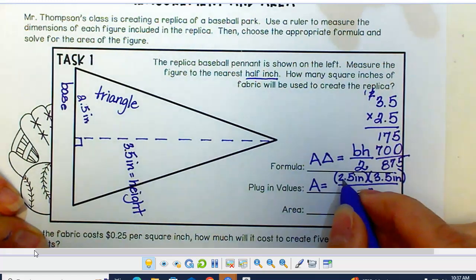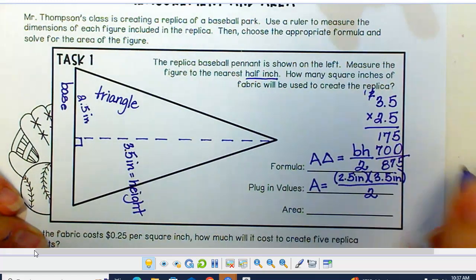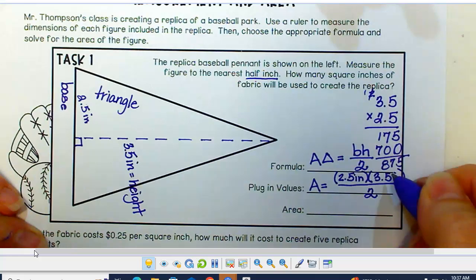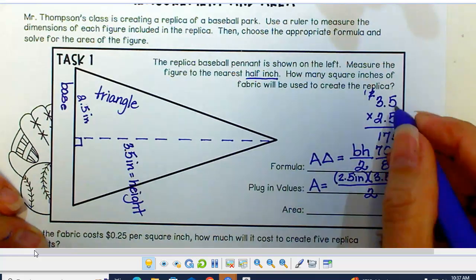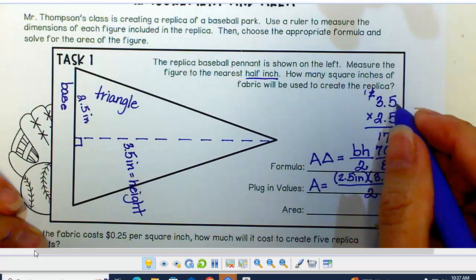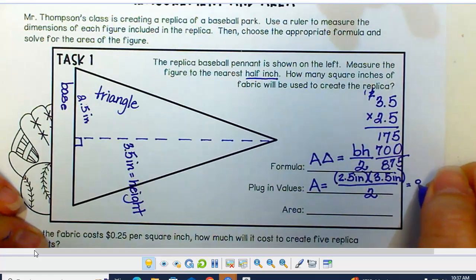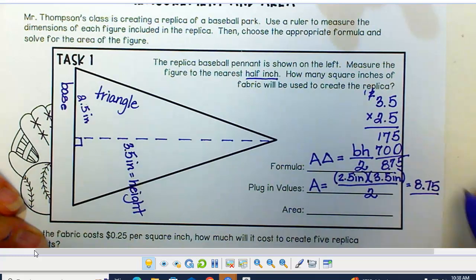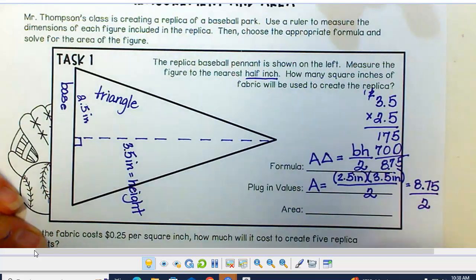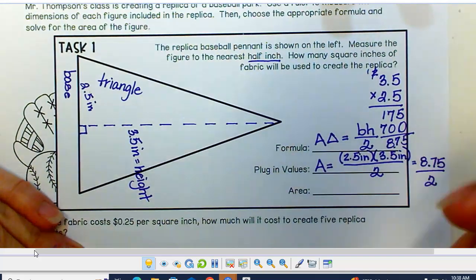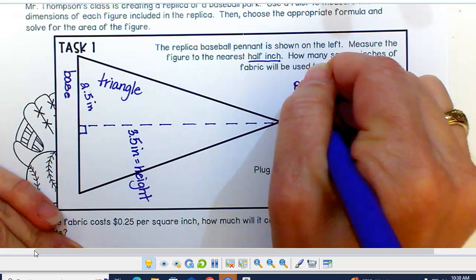Okay, so 2.5 times 3.5 is going to give us 8.75. I have 2 digits behind decimals in the problem, so 2 digits behind the decimal in the answer. That's going to be 8.75, but I have not divided by the 2 yet, so I've got to do that still.